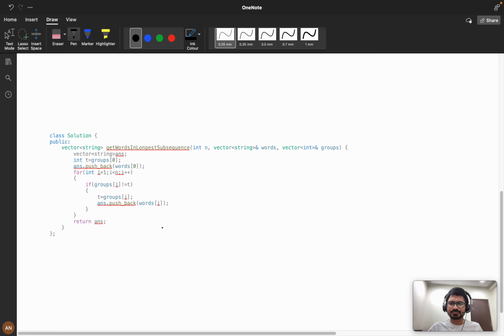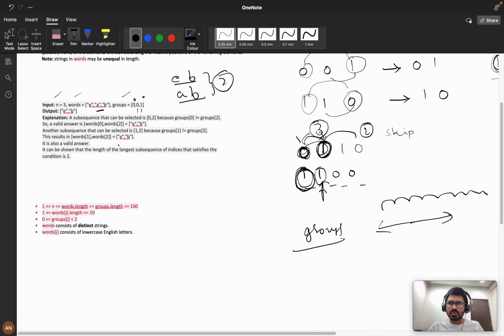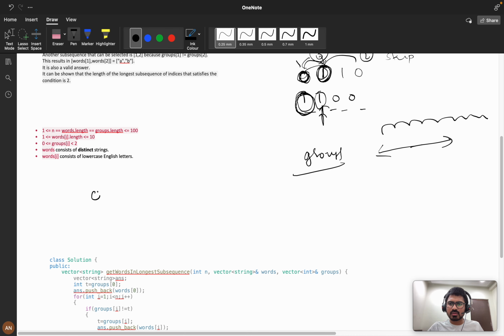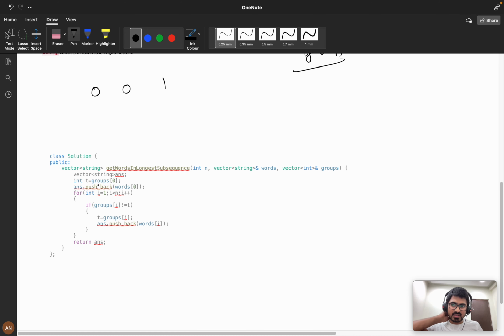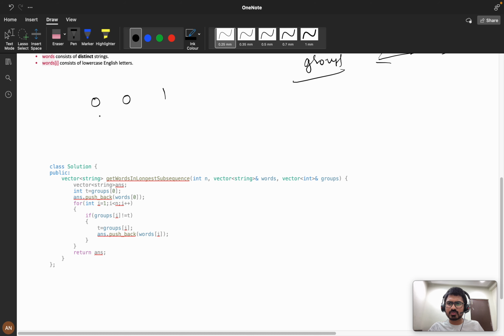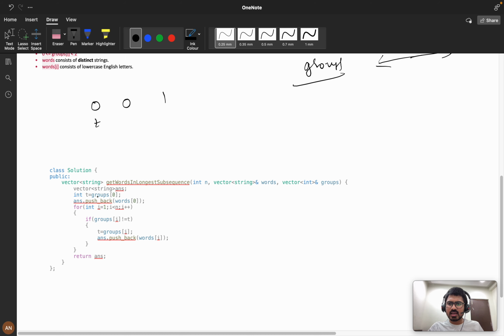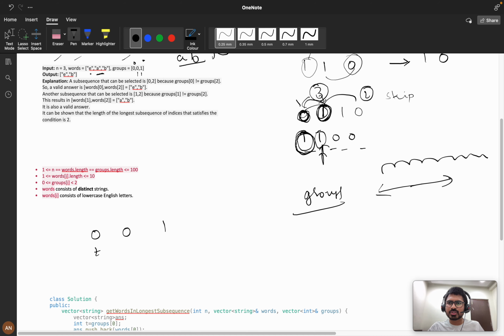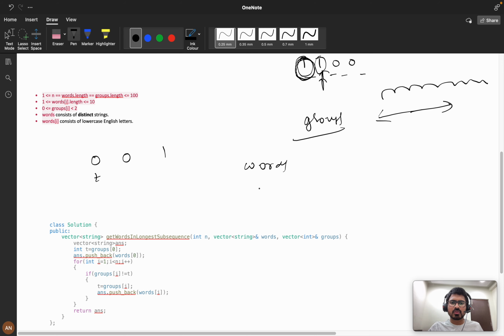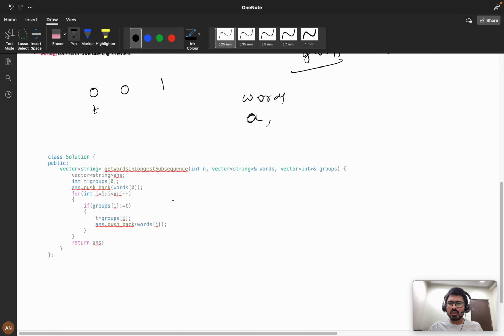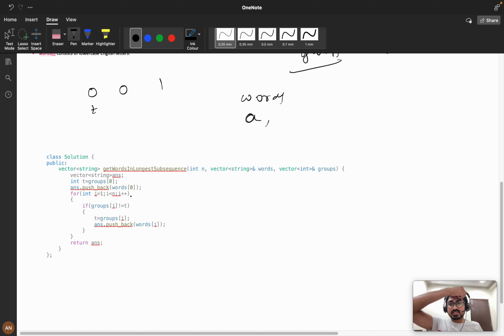Now if you take this example 0 0 1, we have answer and t is equal to groups of 0. First we are considering this, t is equal to 0. Then answer dot push back words of 0. We are pushing A. Then i is equal to 1, i less than n, i plus plus.